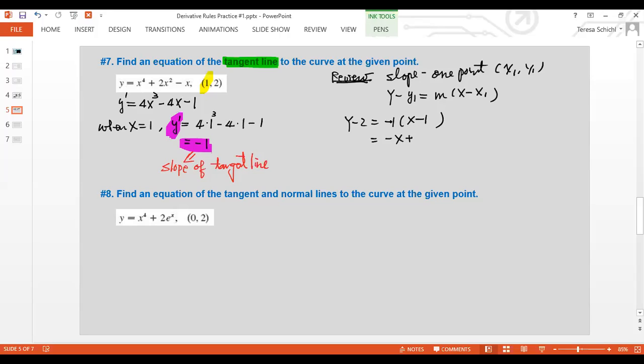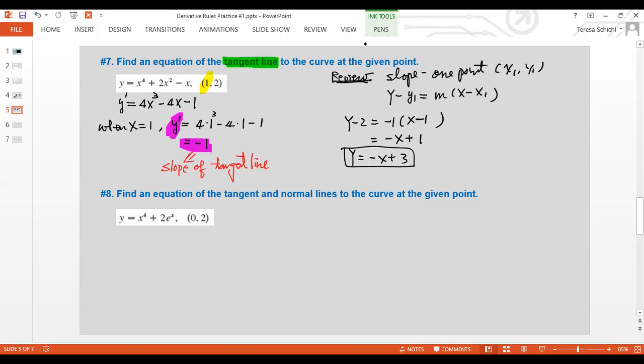So this is negative x plus 1. Now you add 2 to both sides. So my answer is negative x plus 3 here. Okay, so now this is a very good problem because we keep emphasizing that the derivative is the slope of your tangent line at a specific point, right?